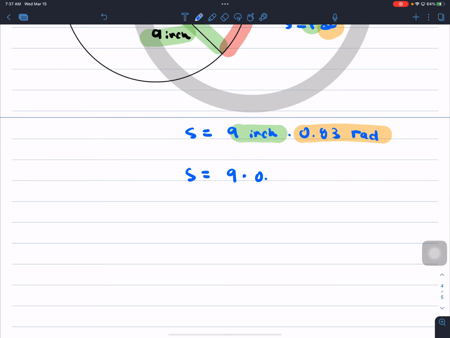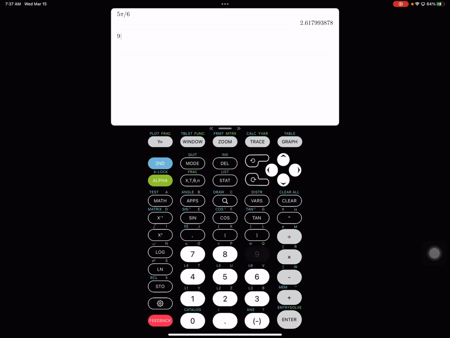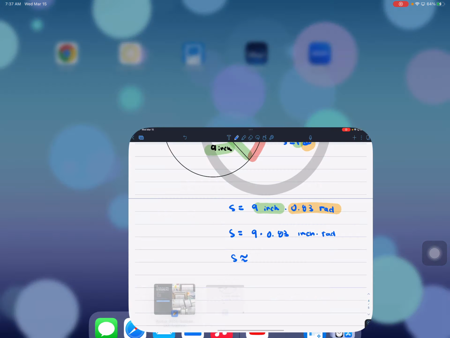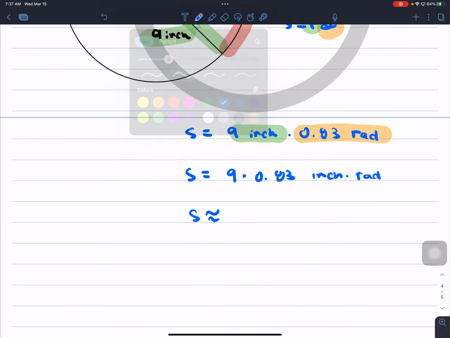Okay, switch the order like we've been doing. And then 9 times 0.83, we're going to go to the calculator. You get 7.47. So you guys might want to use your own calculator if you can't see that. I understand if you can't. And again, hopefully Apple will fix my laptop soon. 7.47 what?